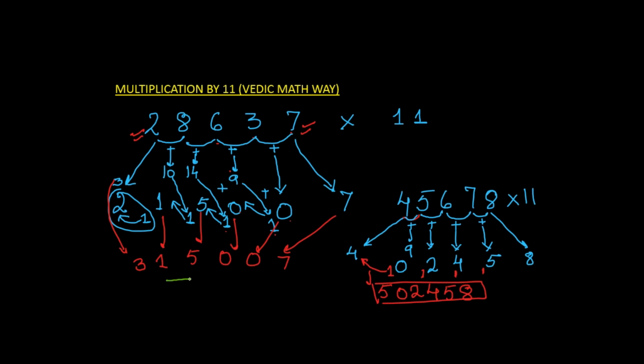The value of pi is 22 over 7. And 22 is nothing but 2 into 11 over 7. We can split 22 as 2 into 11. So any calculation which includes pi, we can use this technique to multiply by 11 and get the answer faster. So I hope this technique is clear to you.